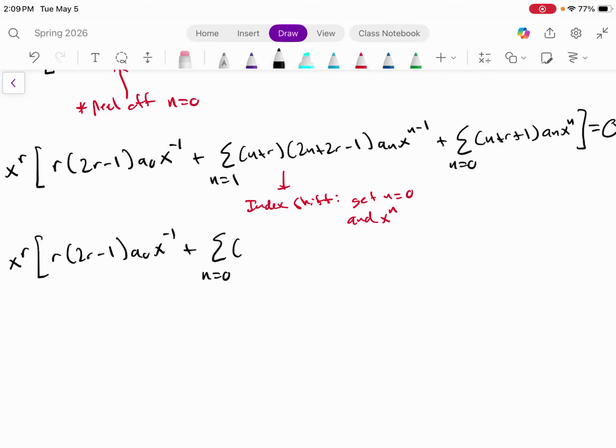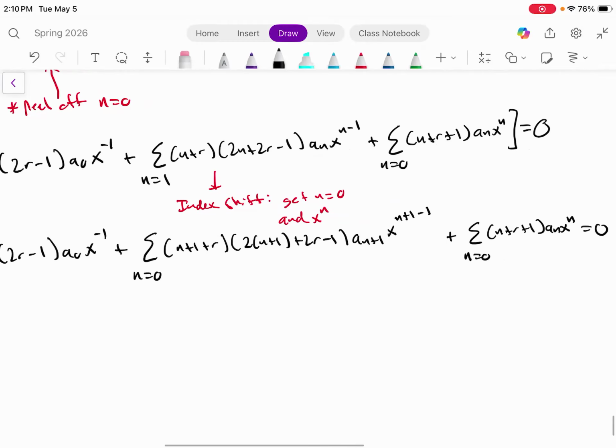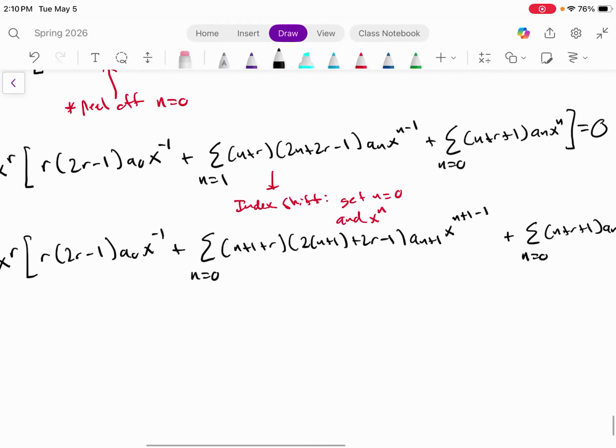So this would be (n plus 1 plus r) times (2(n plus 1) plus 2r minus 1) a sub n plus 1, x to the n plus 1 minus 1. And then this last series is unchanged.